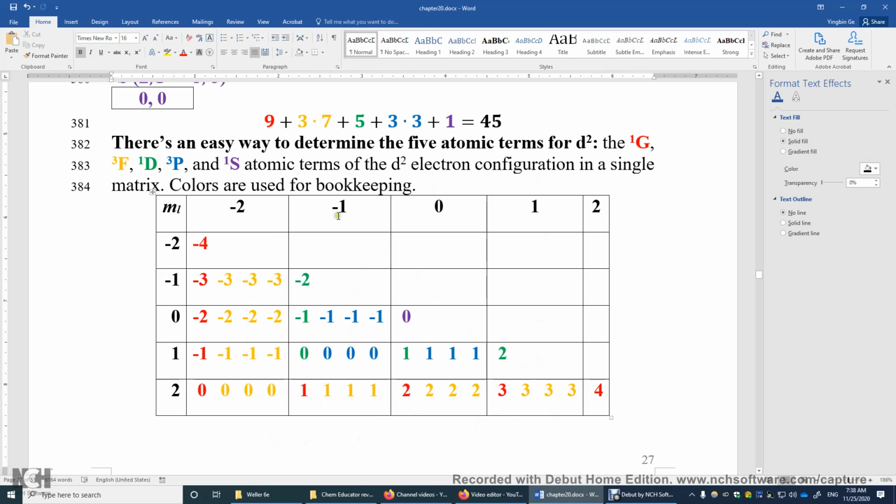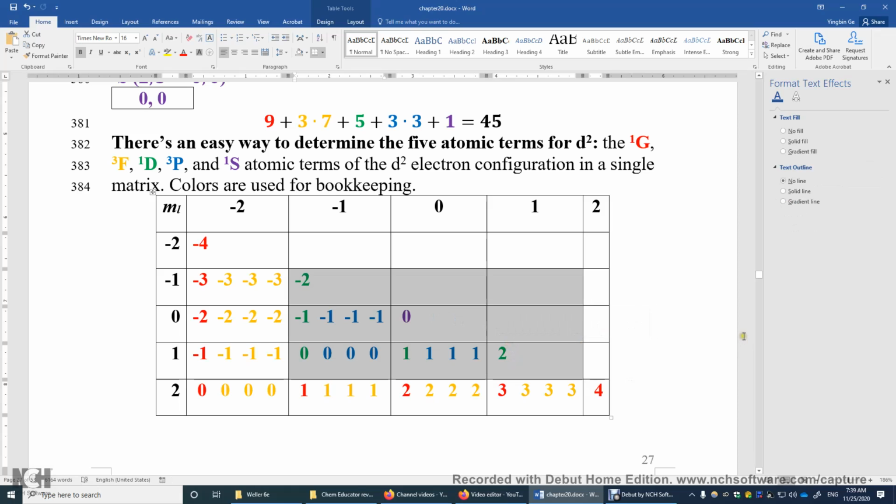You have a smaller table. You find these 5 greens. That's 1D. The 3 by 3 microstates. That's 3P. And finally, it's 1S. Actually, using this table, you can also determine the atomic term symbols for s2, p2 easily. So this is just a 1-by-1 table for the s2 electron configuration.